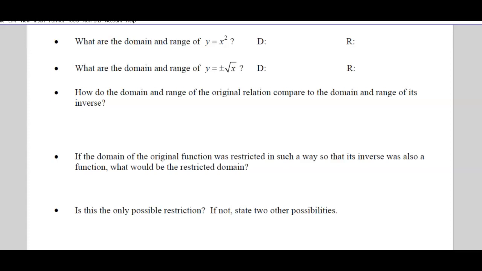Okay, so domain and range of y equals x squared. Hopefully you remember. Domain is a polynomial function, so it's all real numbers. The range for that base graph is y greater than or equal to 0.